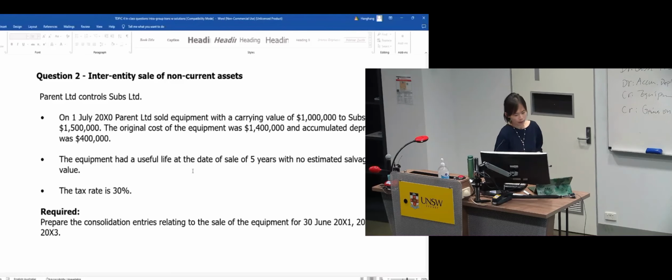Okay. Now what about the subsidiary's record? The subsidiary recognizes equipment of 1.5 million and pays cash of 1.5 million. That's very easy. But we need to find out the worksheet adjustment.